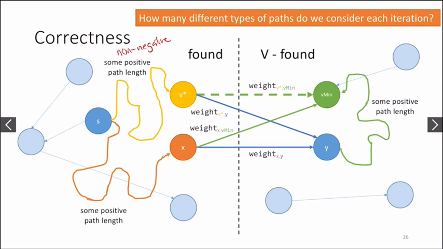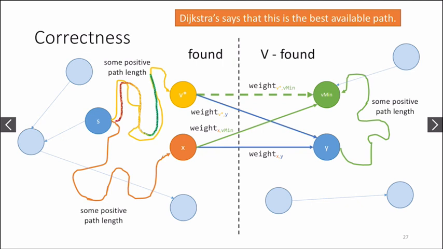Well, the length of all those edges has to be 0 or greater, so there's no way to have a negative path length. Dijkstra's algorithm tells us that this is the shortest path to get to Vmin, and there's no shorter path that could ever be found. So let's take a look at the different cases here to compare.